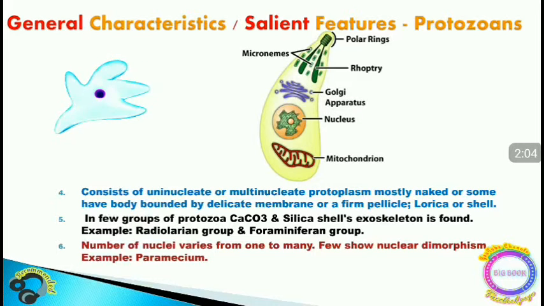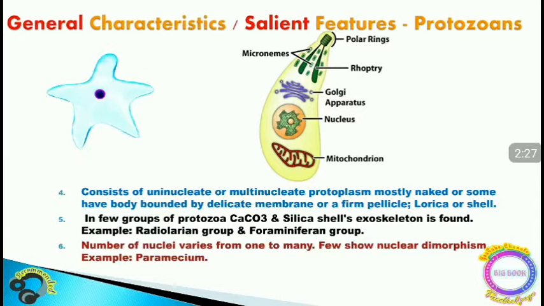So here sometimes they are called naked, but most of these primitive organisms are not without a membrane, but are found with a delicate membrane or a firm pellicle or a lorica or the shell.